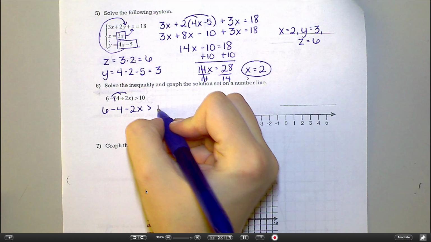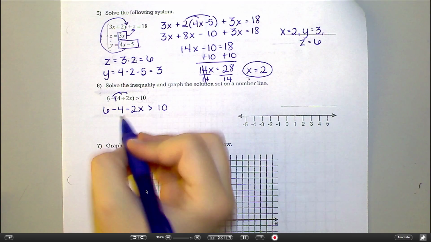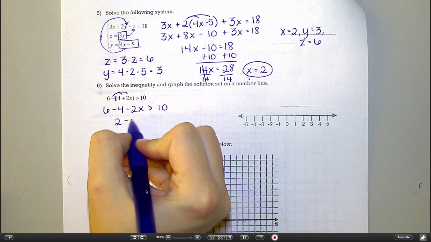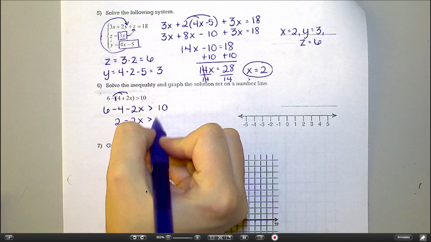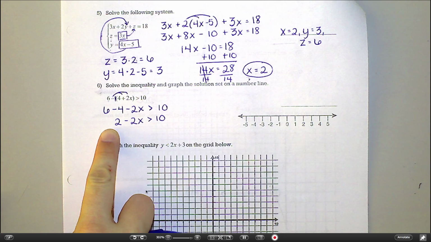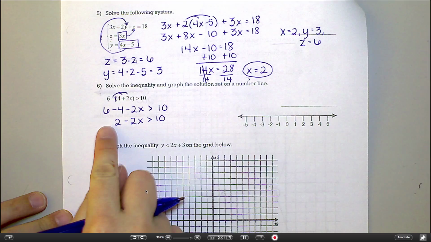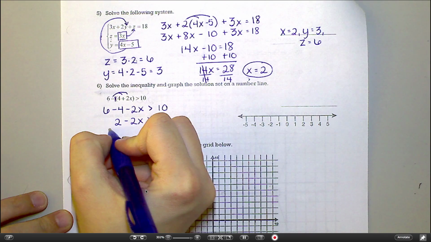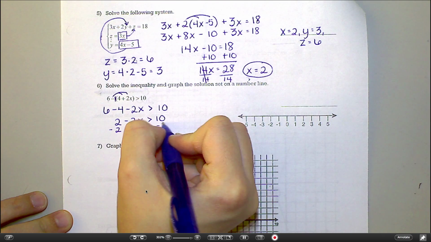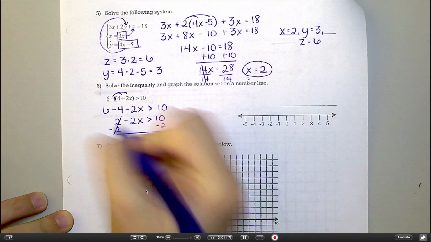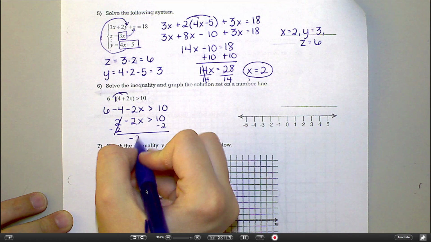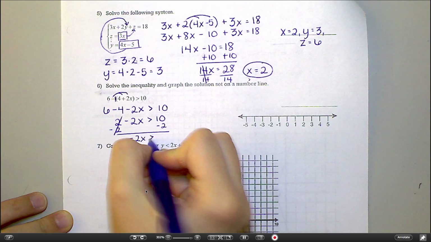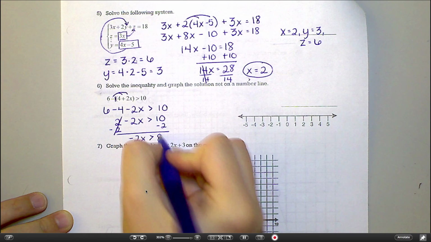It's greater than 10. Well, 6 minus 4 is 2, so now I have 2 minus 2x is greater than 10. I would first move this 2 over to the other side because this 2 doesn't have an x on it. And notice that that is a positive 2. So to move it, I'm going to subtract 2. And when this comes down, this is a negative 2x is greater than 10 minus 2 is 8.